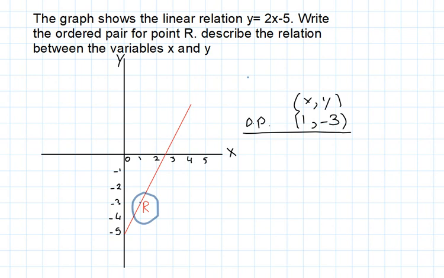So you can look at the equation, you can look at the graph itself. It doesn't really matter. If you're looking at the equation, you can say, starting with -5, as x increases by 1, y increases by 2. So you can say, just by looking at this graph right here, don't have to be too complicated.